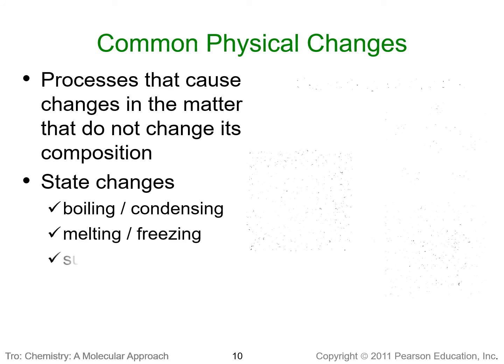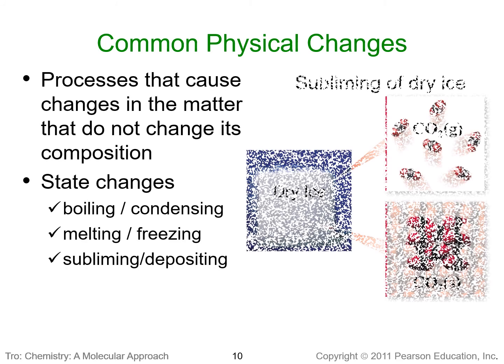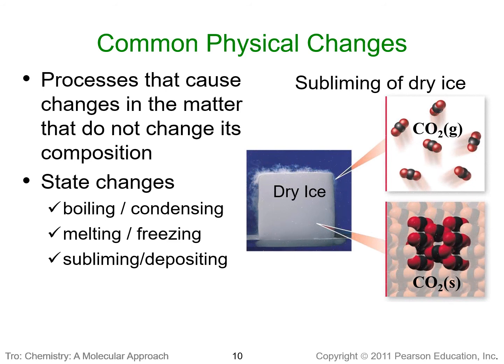So things like state changing, boiling. Boiling is when we go from a liquid to a gas. Okay, that's boiling. Condensing, we go the other way, gas to liquid. Those would be a physical change. Melting, okay, we're going from solid to liquid.